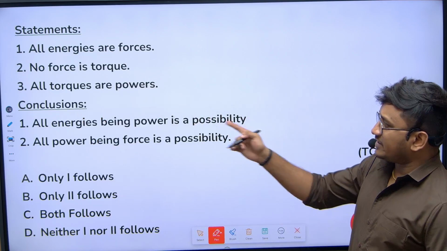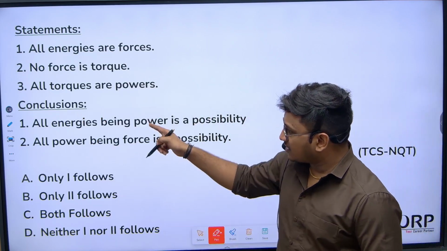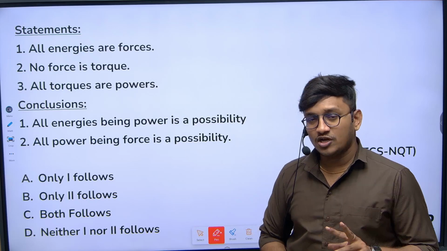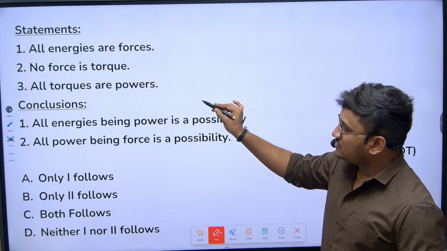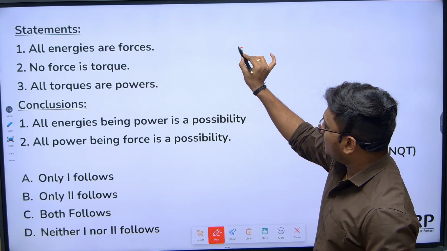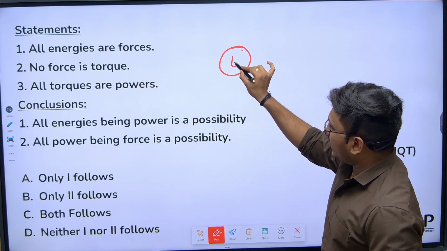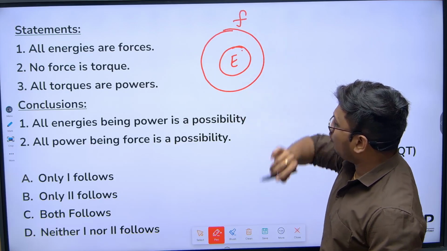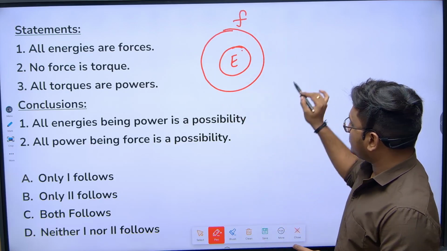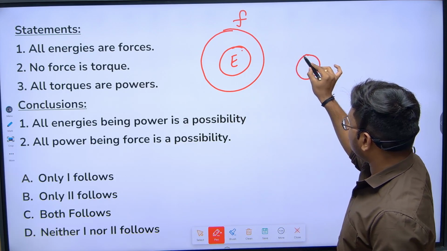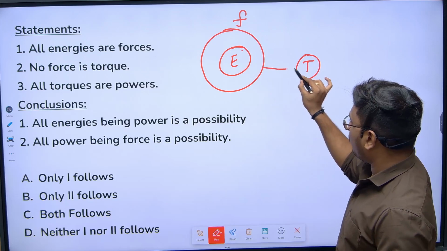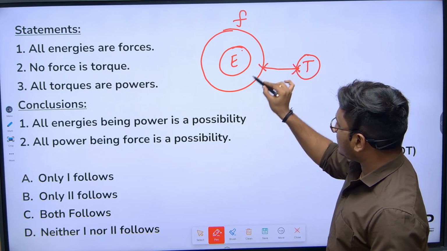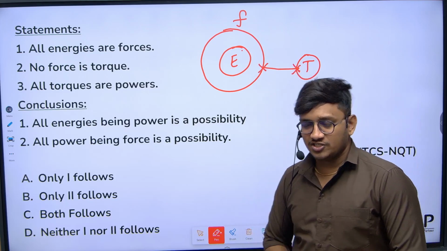Okay, let's try to solve this question here. In the conclusions they have given that both are possibilities. All energies are forces. No force is torque means the force and torque circles should not touch each other.